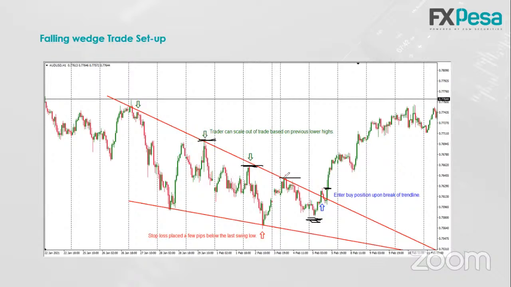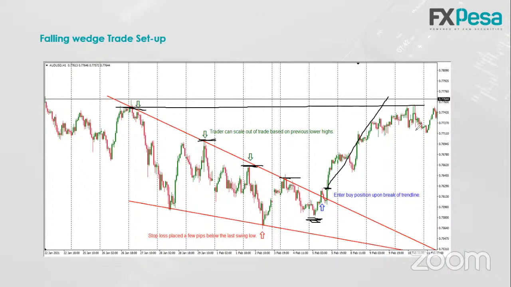So if you decide to close the trade partially, you'd use the previous lower highs to exit your trade, because again, as you can see, this momentum was sustained for quite some time, and we were able to reach the peak where we had the genesis of this pattern, or where it began.